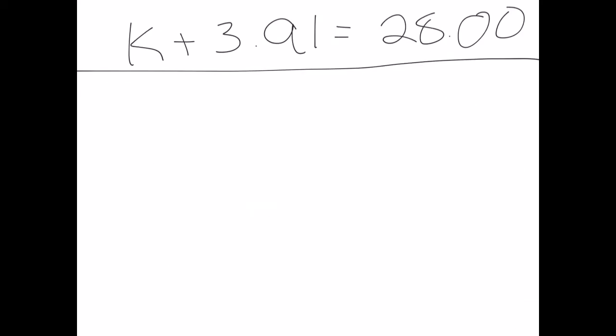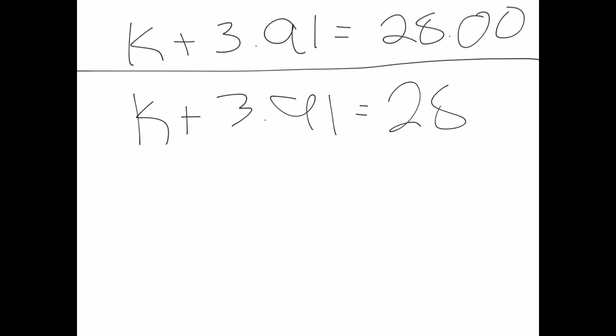To solve K plus 3.91 equals 28, first you must subtract 3.91 from both sides. What we'll do is we'll line up all of our decimals.